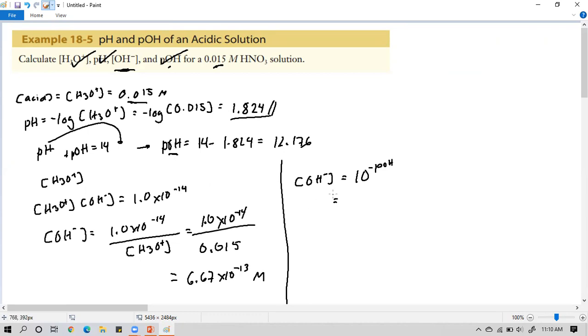And then dito naman, kapag kinompute ninyo, 10 raised to negative 12.176, ang magiging sagot natin dito is 6.67 din. Pero ang nasa calculator ko is 6.668. Dito kasi 6.666666, pero dito 6.668. So pwede natin siyang i-round off na 6.67 times 10 raised to negative 13 molar.